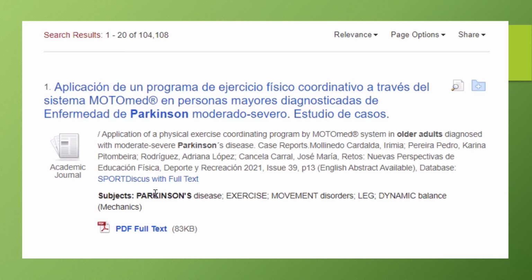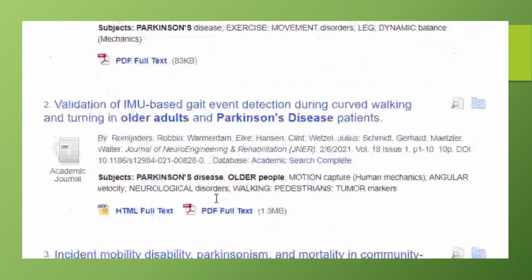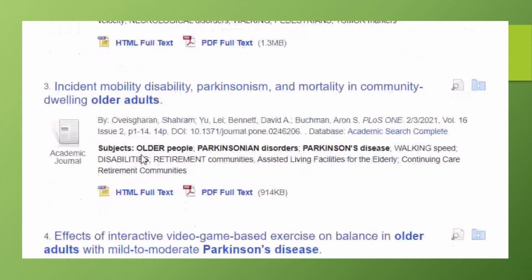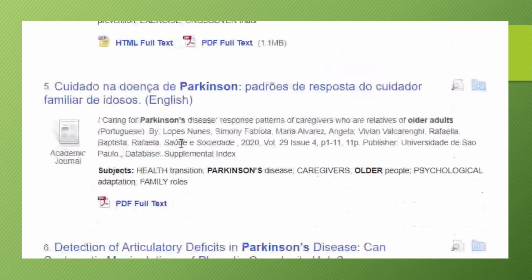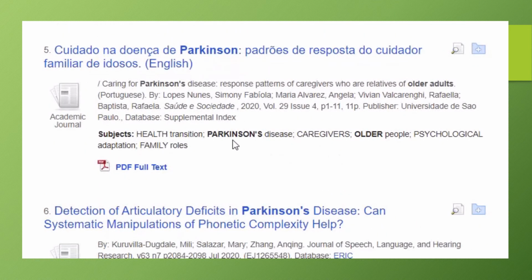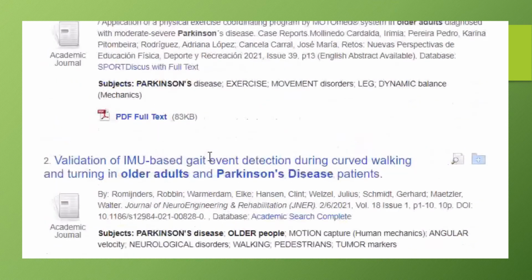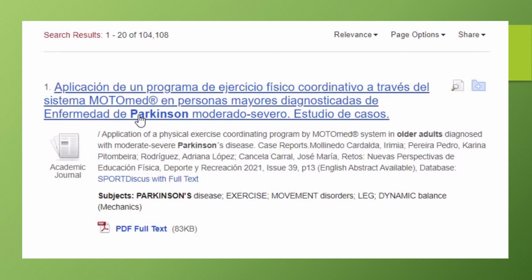So off the bat here, I see Parkinson's disease. It would be one that I would like to do as a subject search. Parkinson's disease, older people, again, both subject searches. Older people, Parkinson's disorder, Parkinson's disease. You see where I'm going here. So we could do Parkinson's disease and older people as a subject level heading search.